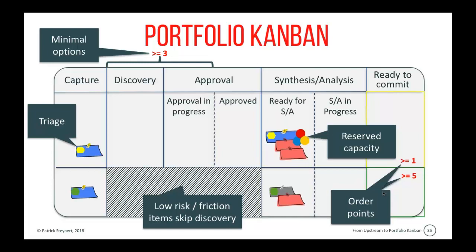So we might have a constraint of a set of minimal options that we want to be treating at all times, in order to make sure that we keep our upstream pipeline filled at all times.